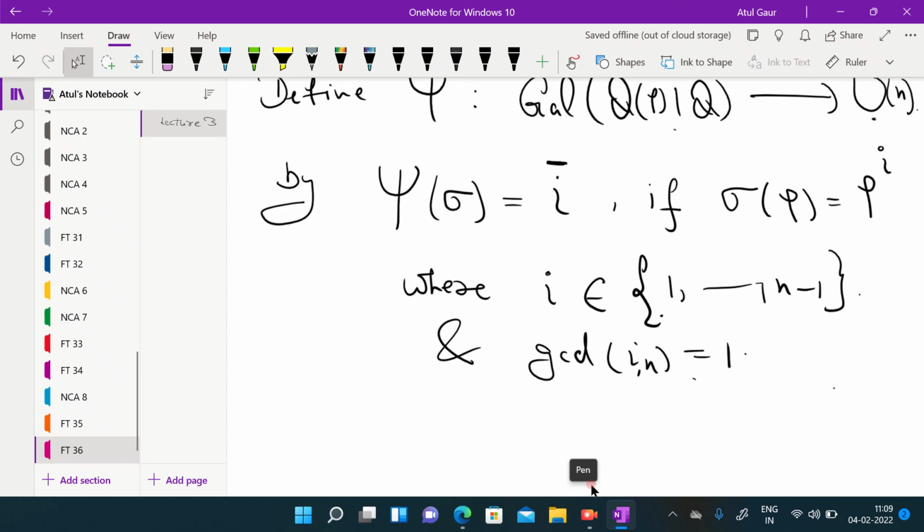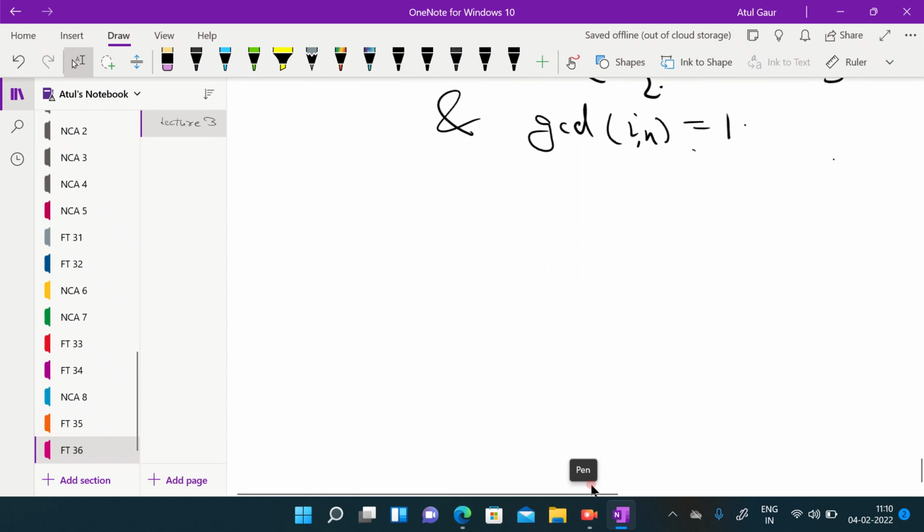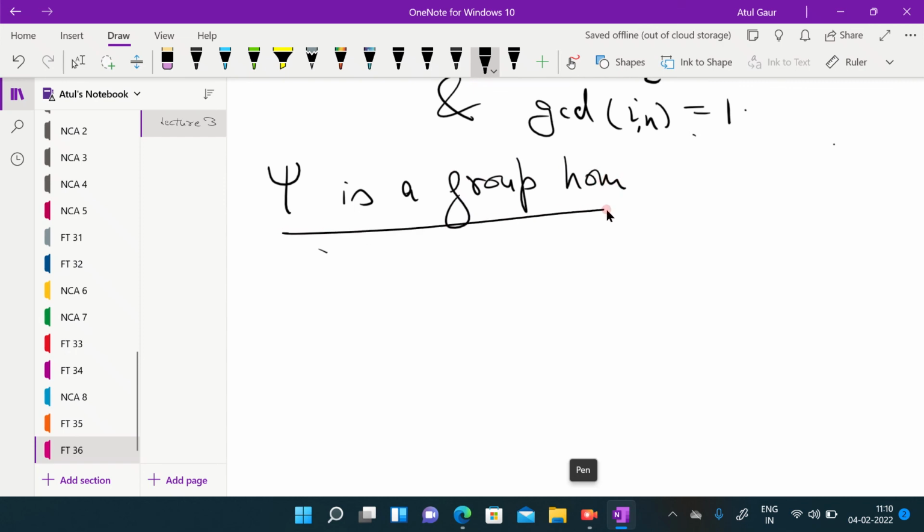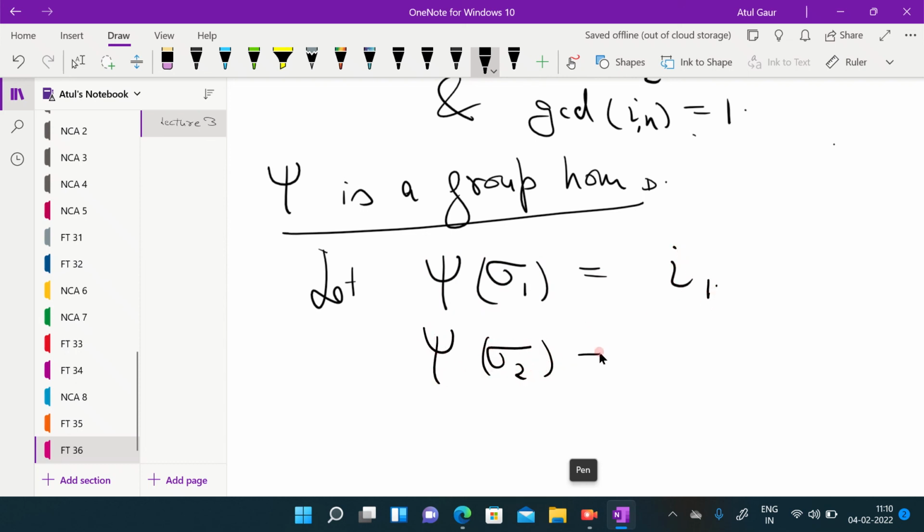So now you can verify easily that psi is a group homomorphism. Suppose psi of sigma 1 is i1 and psi of sigma 2 is i2.